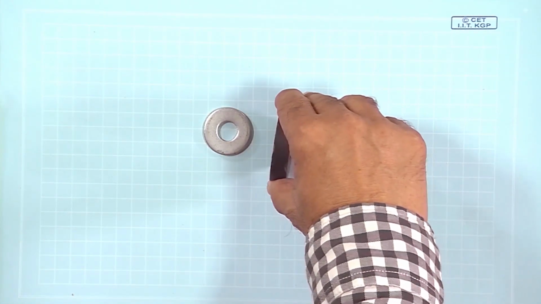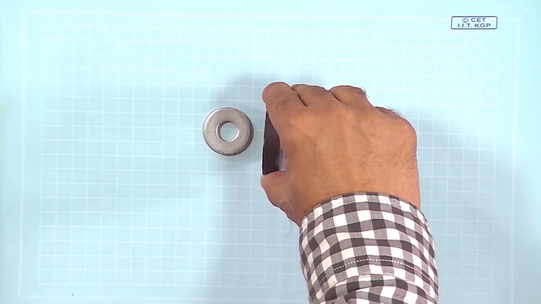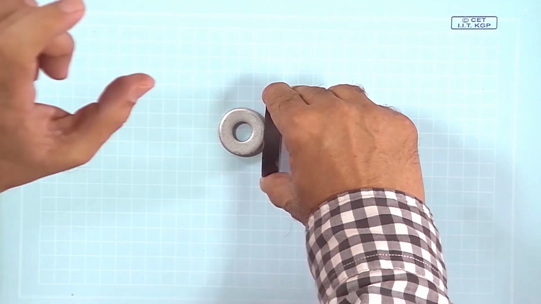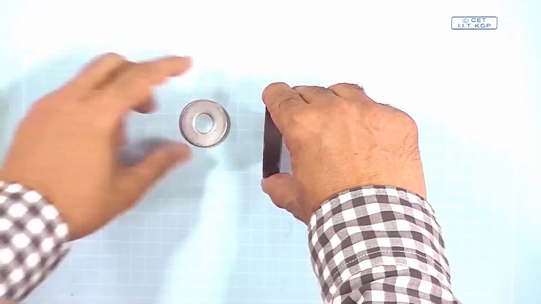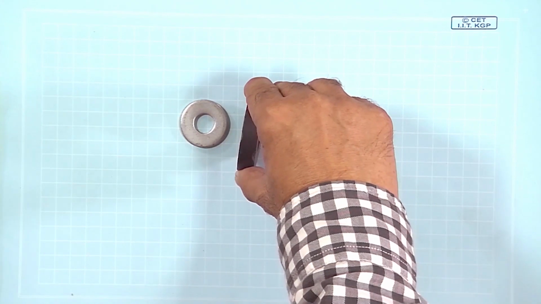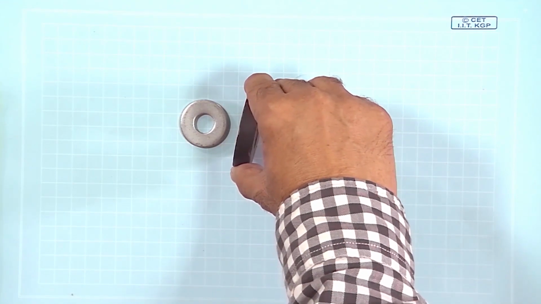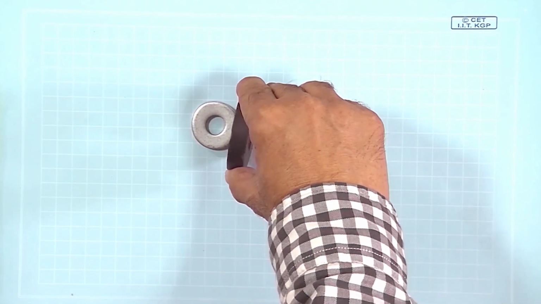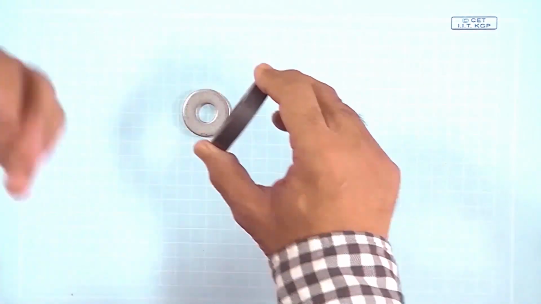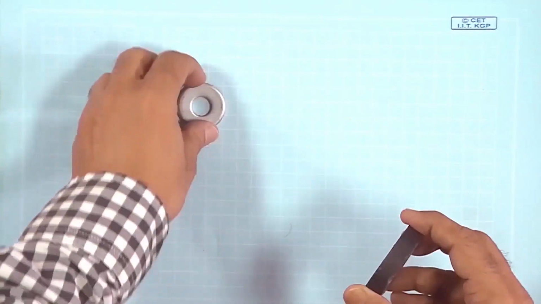You can see, when the magnet is brought closer and closer to the ring, at a certain point of time when there is still a gap, the ring starts moving towards the magnet. So, this force that the magnet applies to this magnetic material is once again a non-contact force, because the force comes into play before the contact.